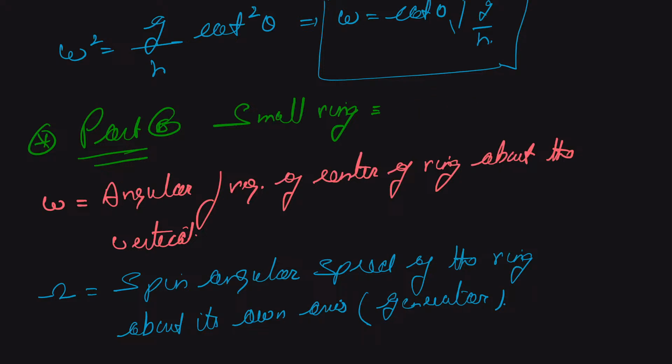Let me correct this part. We have small ring whose center of mass moves in a circle of radius R_E.